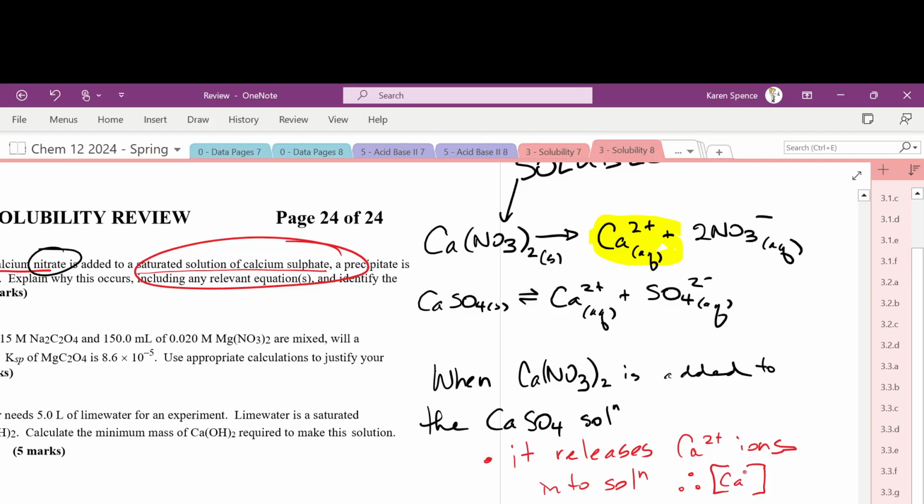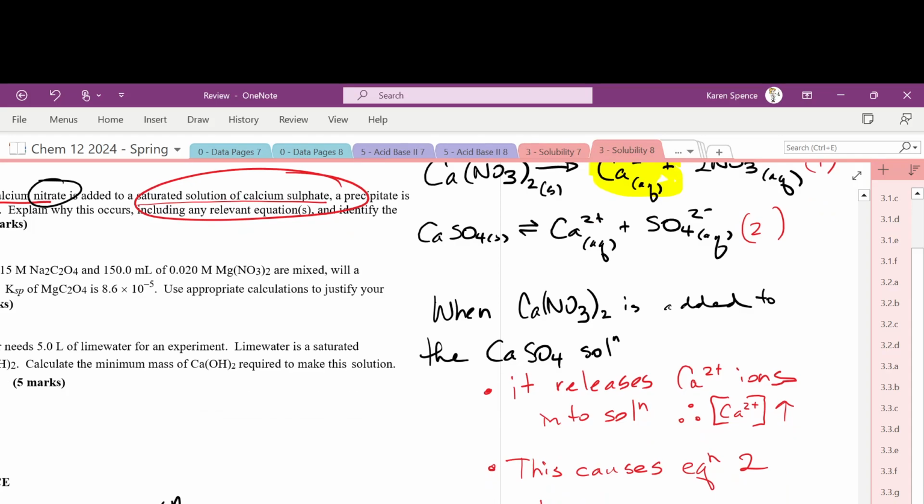The concentration of calcium does what? Increases. Okay. Where should we go next? No, not shift, because we need to say this will cause, and I'm going to call this 1, and I'm going to call this 2. This causes equation 2 to do what? To shift left.